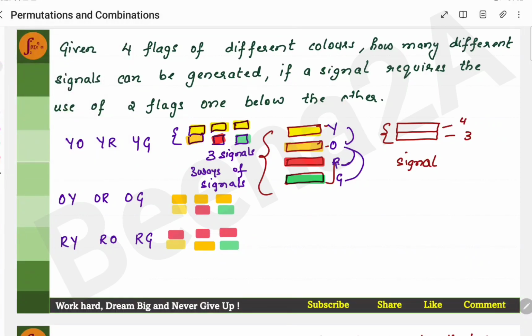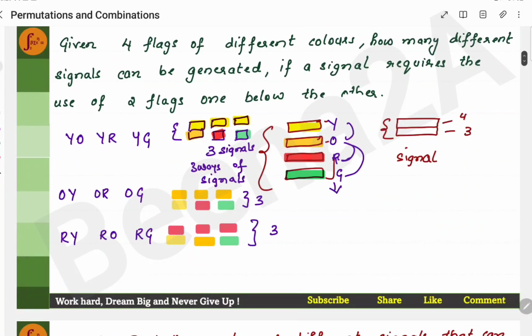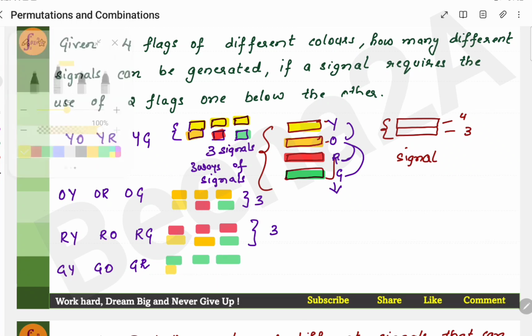Again I have 3 combinations. Now we'll similarly do green. Green with yellow, green with orange, green with red. So again I have 3.